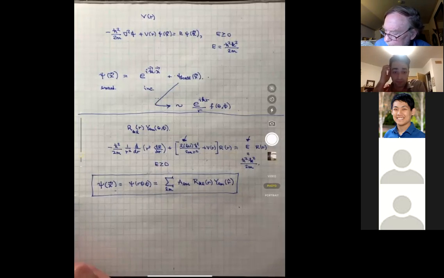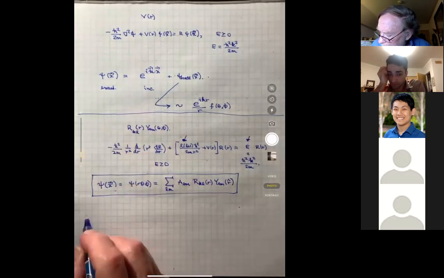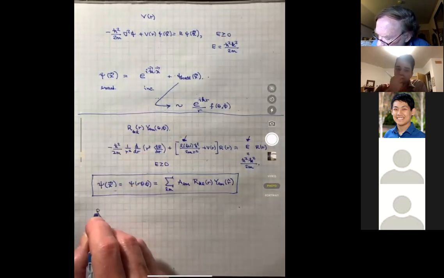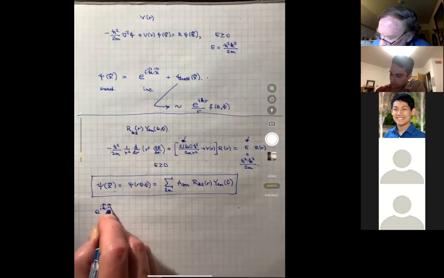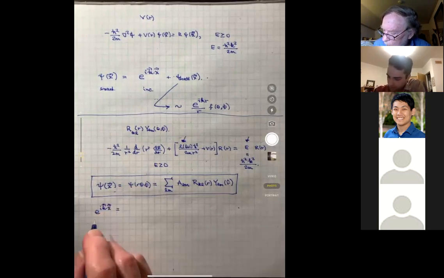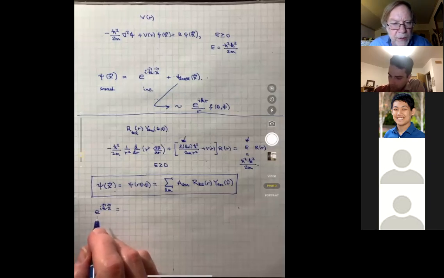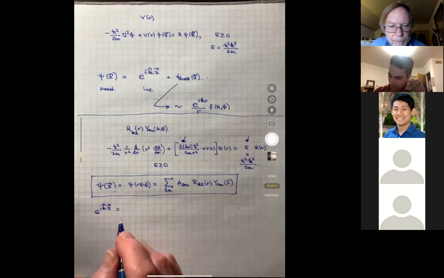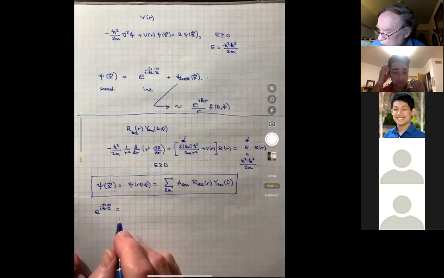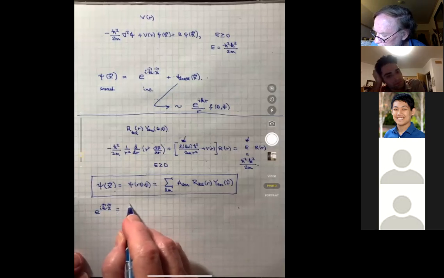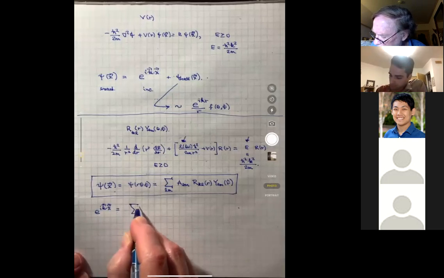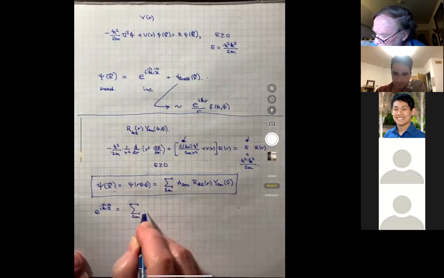All right, so this is the exact solution. Now, what about the incoming wave? Well, the incoming wave is e to the i k dot x, and I gave you a minute ago in my summary page how this is represented as a linear combination of spherical waves, or say free particle solutions in spherical coordinates. It is the sum on l and m. I'm just copying the formula that was on that page.